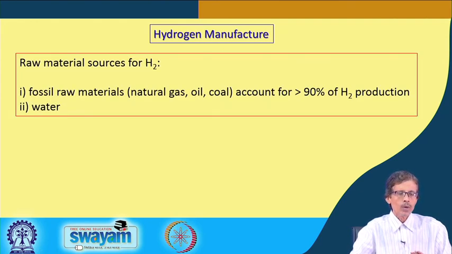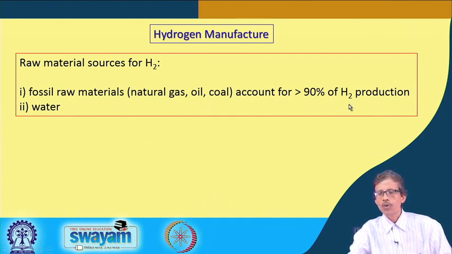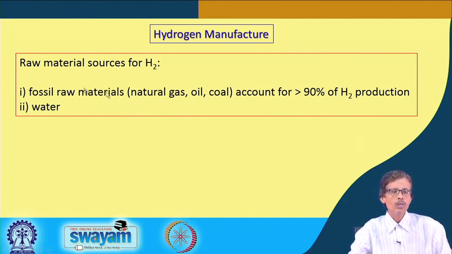As we have just seen, the raw materials for the sources of hydrogen, the fossil raw materials, natural gas, oil, coal, all account for 90% of hydrogen production. All these materials can be utilized for hydrogen production, because for electrolysis we have to use electricity, and that electricity can be obtained from burning of coal.